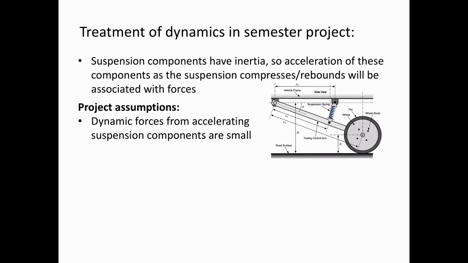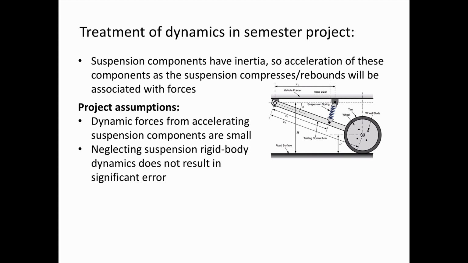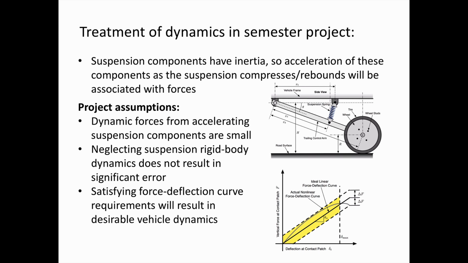Or the inertia of the sprung mass is much larger than the inertia of the unsprung mass. With that assumption that these forces are small, we're going to neglect rigid body dynamics in the suspension, and we're going to assume that this simplification is not going to result in significant error in predicting overall vehicle performance.